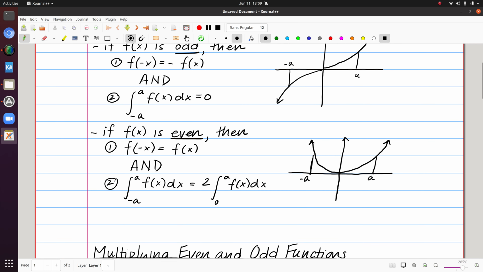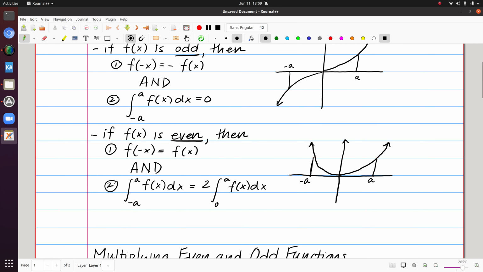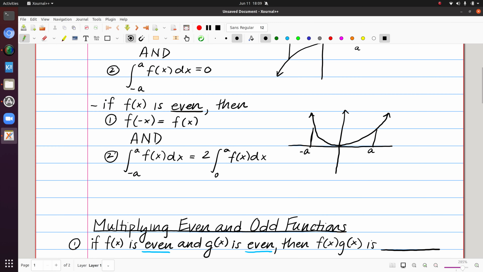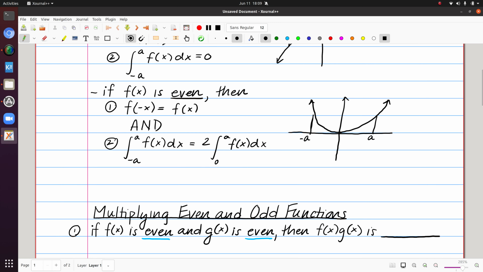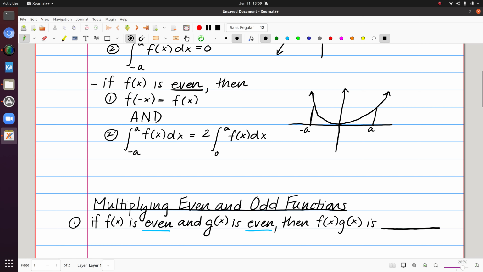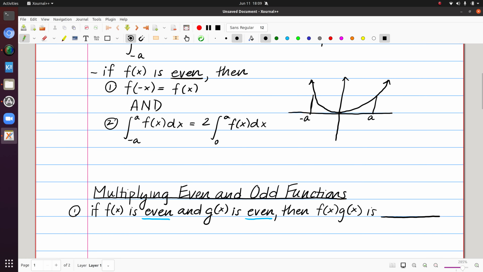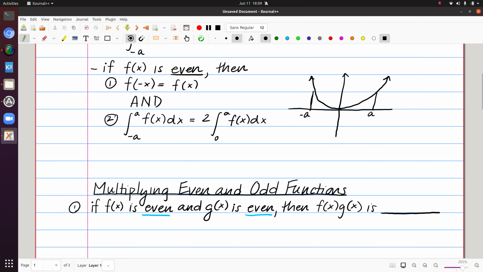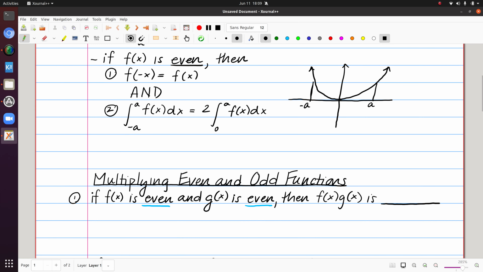So we're going to put these together in a moment, but let's now pause and start to think about what happens when I take a product of functions that are even and or odd. So in this first part here, if f is even and g is even, let's think about the consequence of the function f times g. Well, what we need to do is check our definition. So f times g, what happens if I plug in minus x for that function?